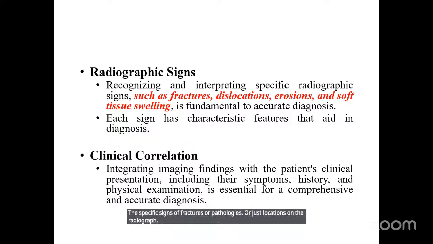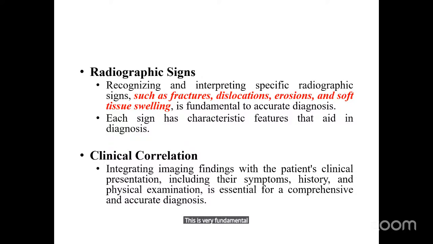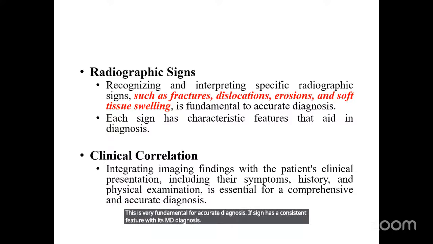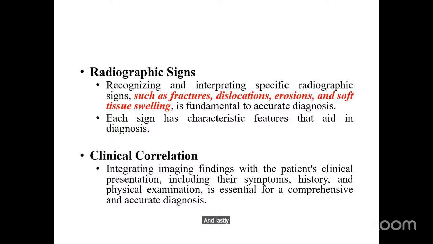This is very fundamental for accurate diagnosis. Each sign has a characteristic feature which aids in the diagnosis. And lastly, never ever interpret an image without correlating with the clinical signs and symptoms of that patient, the patient history.